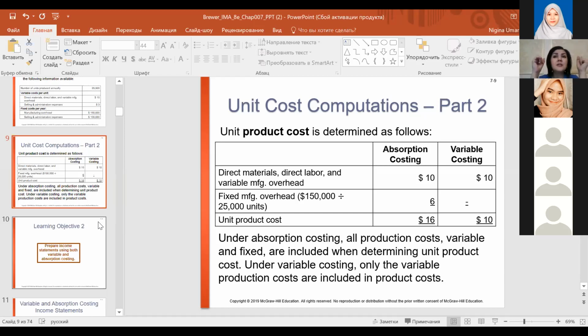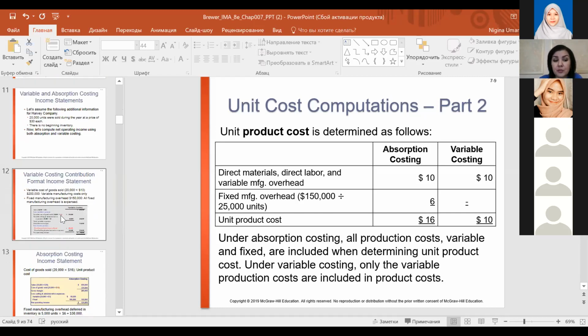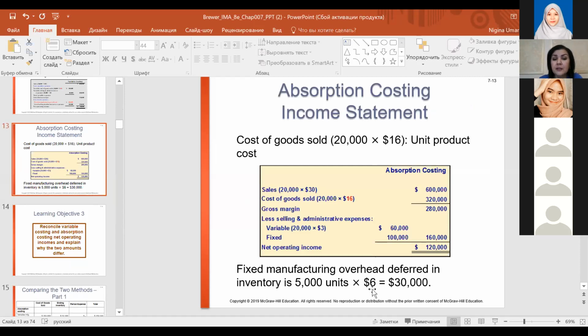And as long as 5,000 units have not been sold, then a portion of fixed manufacturing overhead is still deferred in inventory. So 5,000 units, if we multiply by 6, $30,000, right? So this $30,000 of fixed manufacturing overhead is kept in the inventory.